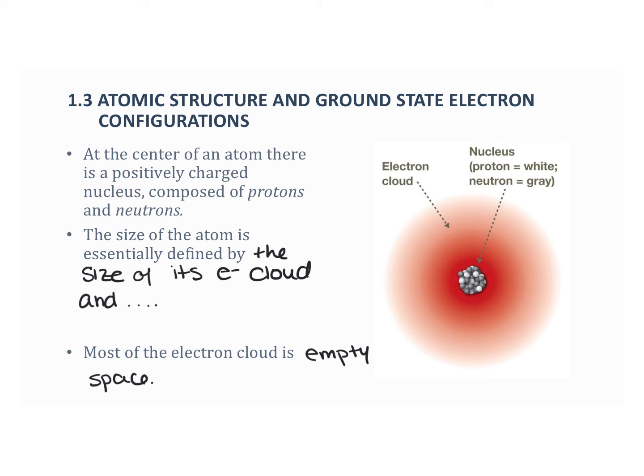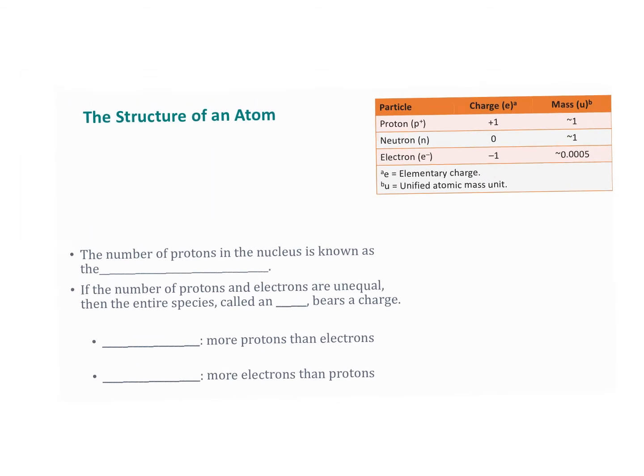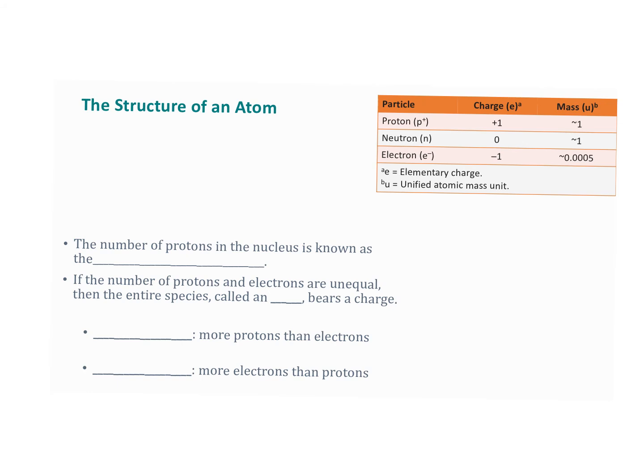So I want to review the structure of atoms just really briefly. When we talk about an atom, I want to remind you, an atom has no overall charge, okay? And so if you look at the table here, this is Table 1.1 in your book, this is going to list the mass and charge of each elementary particle in an atom.